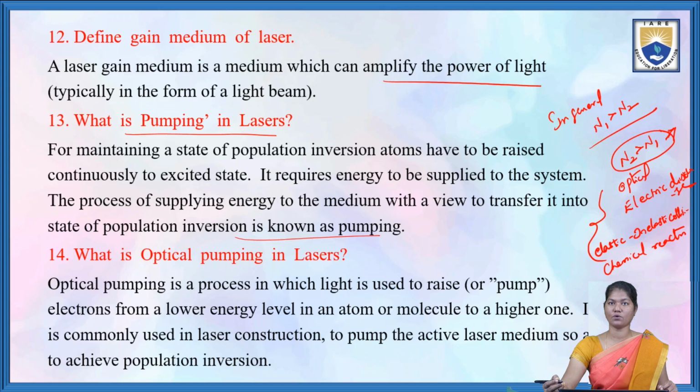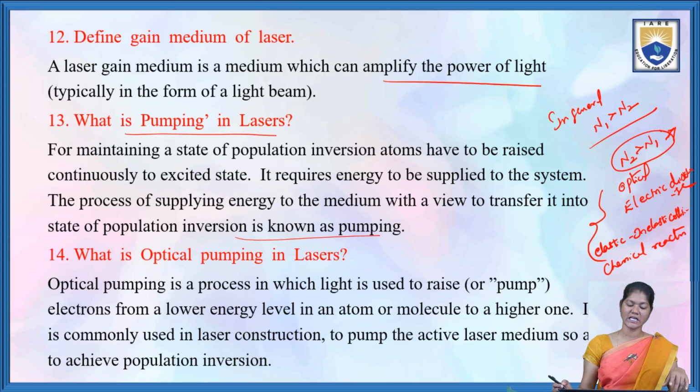So the required energy supplied to the system to make more atoms be in the excited state is called pumping. For maintaining a state of population inversion, atoms have to be raised continuously to the excited state so that N2 becomes more than N1.